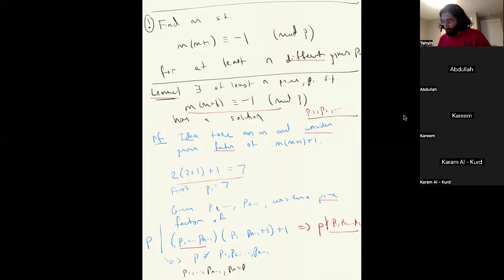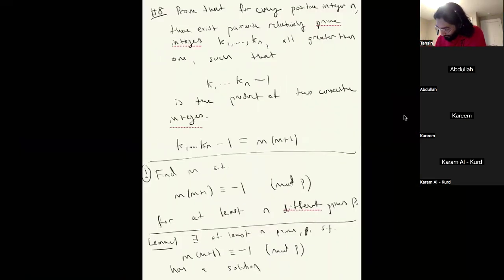Okay, so now we still need to do one thing, right? We're not done. We just constructed an infinite sequence of primes where for each one you can solve this equation. But what did we need? We needed one m so that it solves m times m plus 1 is congruent to -1 modulo, at the same time, n different primes.